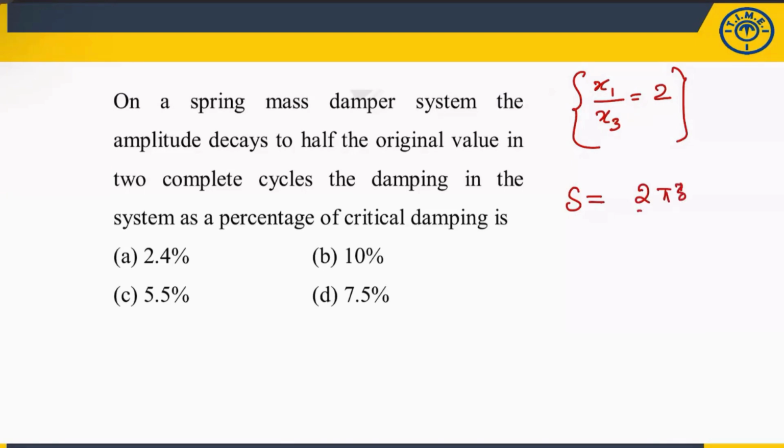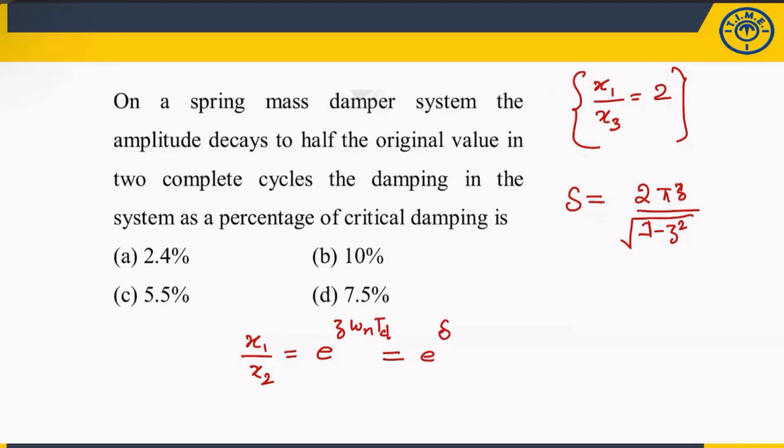The logarithmic decrement relation is 2 pi zeta divided by square root of 1 minus zeta square. Now x1 by x3 is equal to 2. You know the ratio x1 by x2 is e to the power of zeta omega n td, or I can write e to the power of the logarithmic decrement.